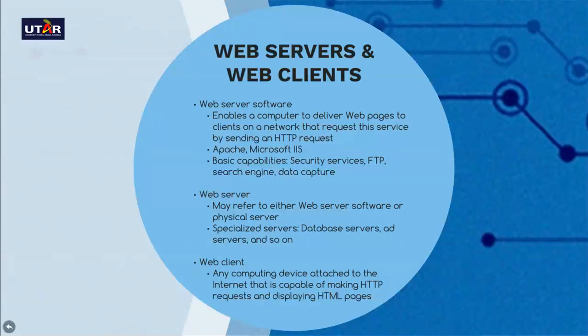There are two mainstream server software, for example Apache. The second is Microsoft IIS, which means Internet Information Services. Their basic capabilities include security, services, FTP, search engine, and data capture.